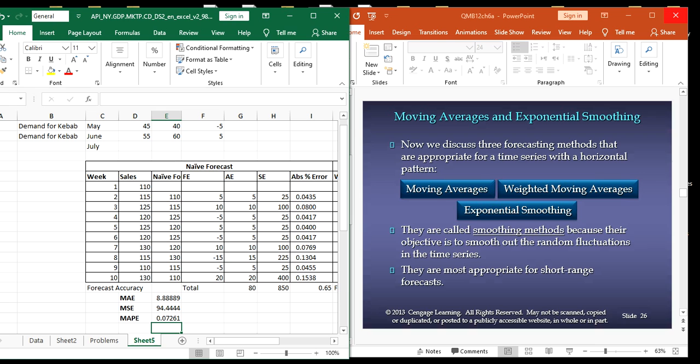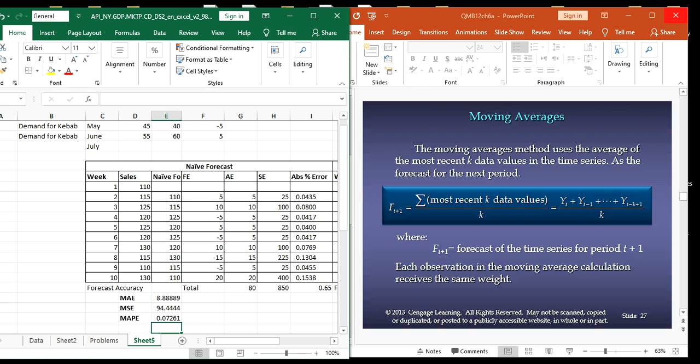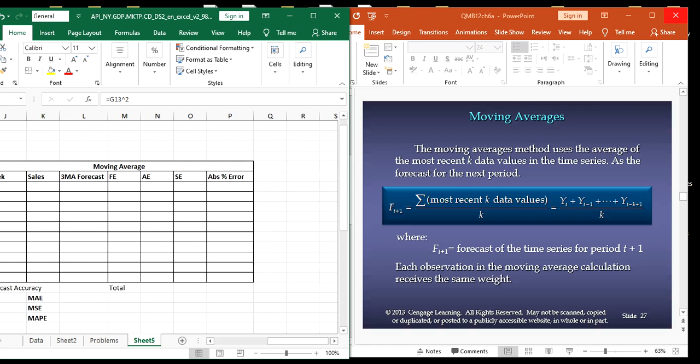And also we have weighted moving average. So how do we do that actually? Let's see how this moving average works. I'll go over them one by one. Let me get to this moving average.